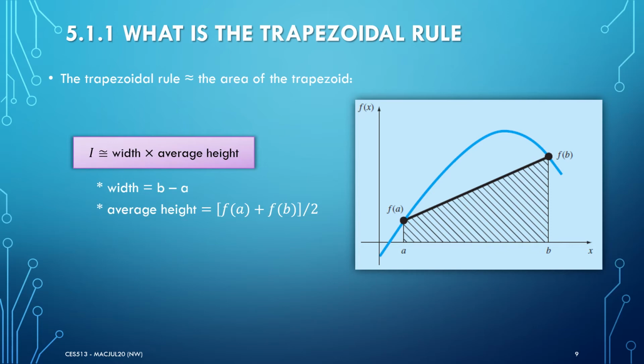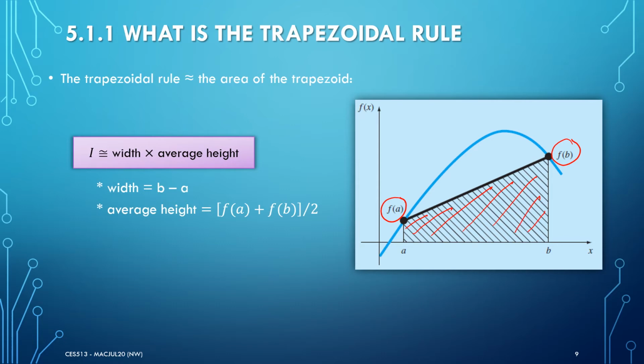Geometrically, the trapezoidal rule is equivalent to approximating the area of the trapezoid under the straight line connecting f(a) and f(b), as shown in the figure. So it's actually this area.